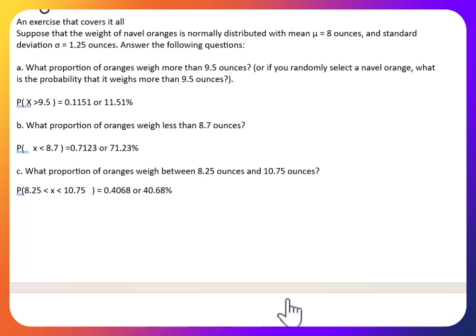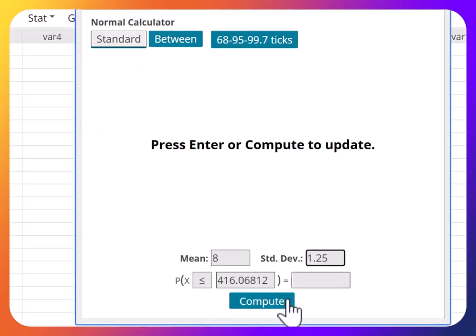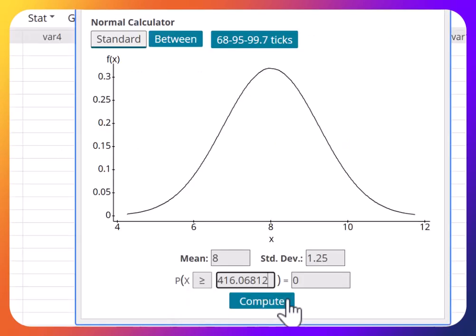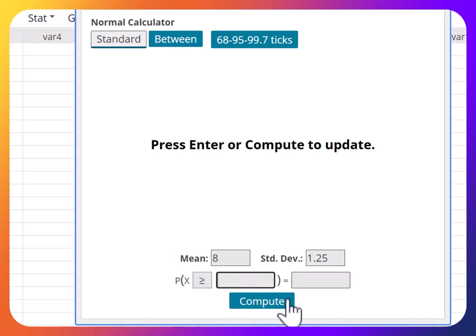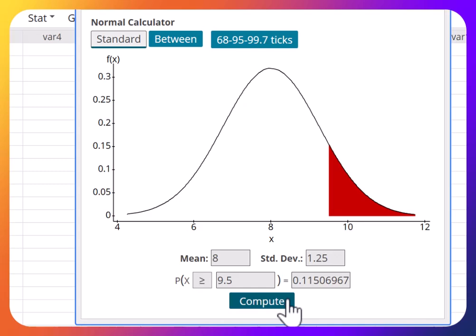Meaning, if you select one orange at random, what's the probability that its weight is more than 9.5? So we need the probability of x greater than 9.5. There you go, greater than 9.5 right here, and here's the answer: 0.1151.